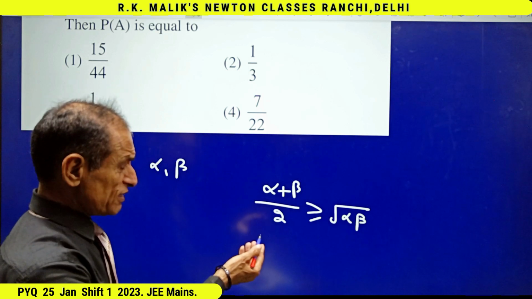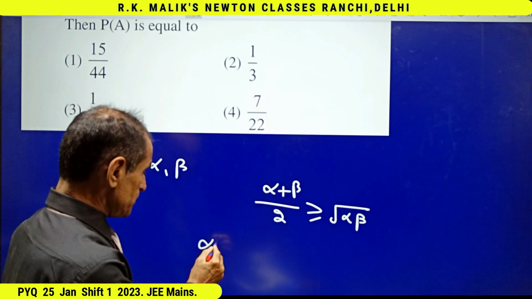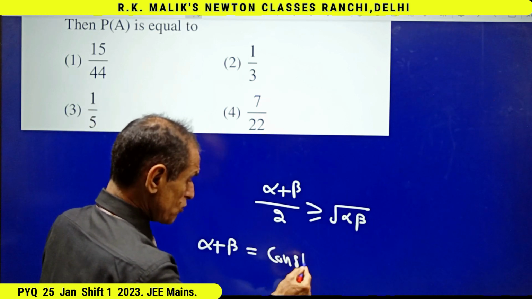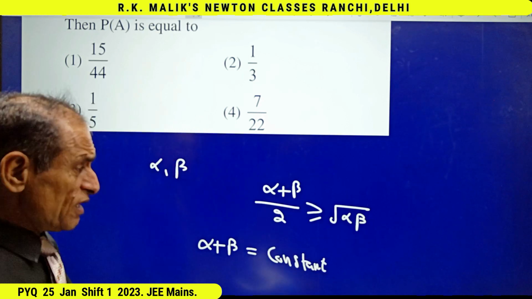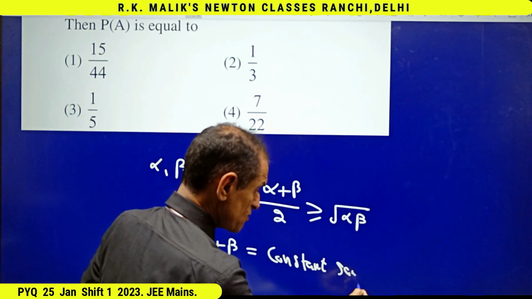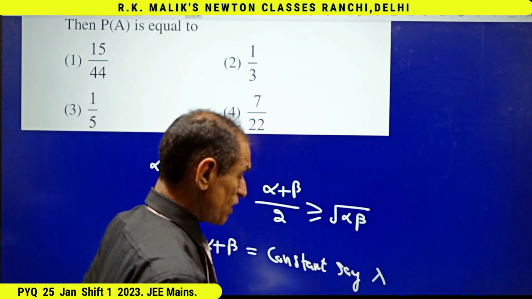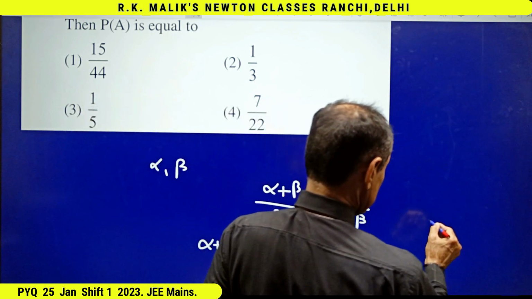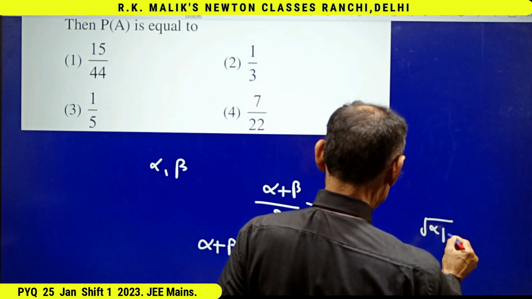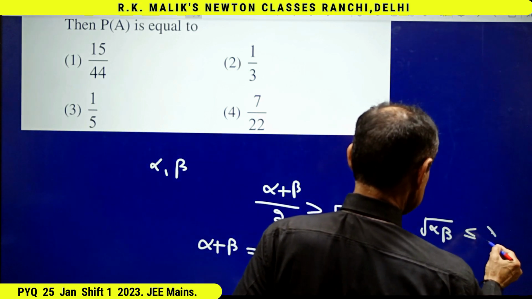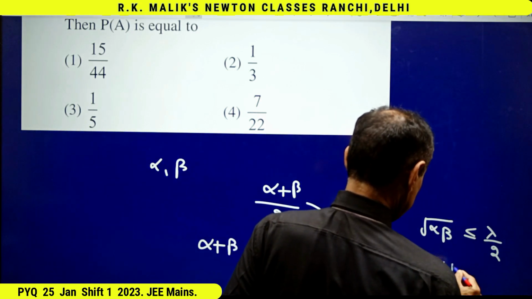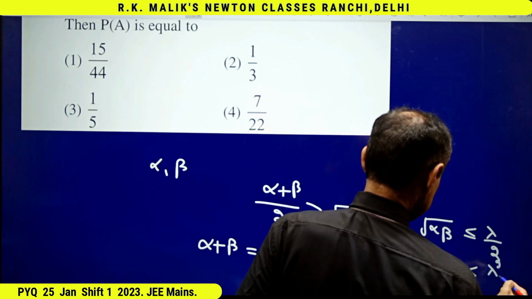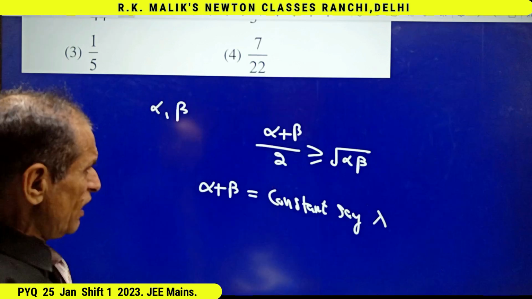From here it is clear that if alpha plus beta is constant, say lambda, then using this formula I can say under root alpha beta is less than or equal to lambda by 2, that is alpha beta is less than or equal to lambda square by 4.